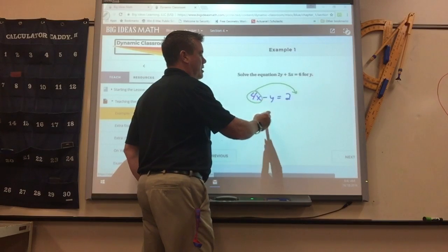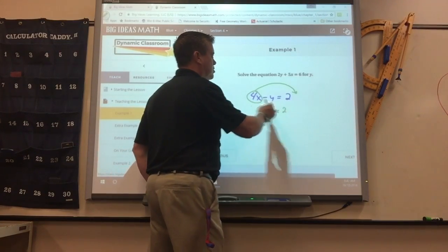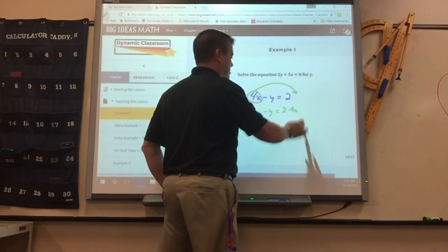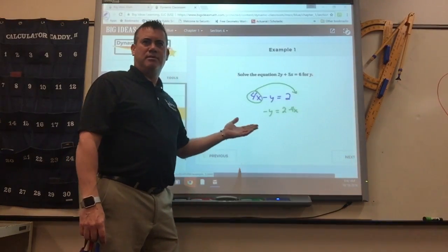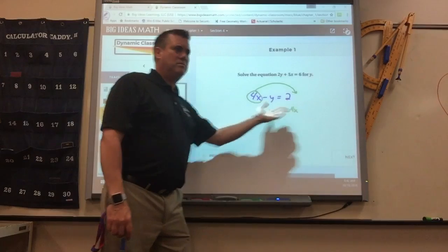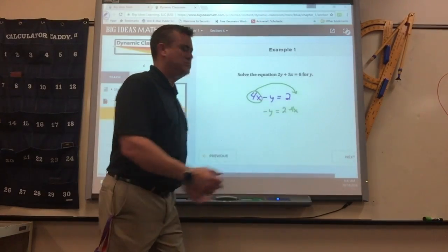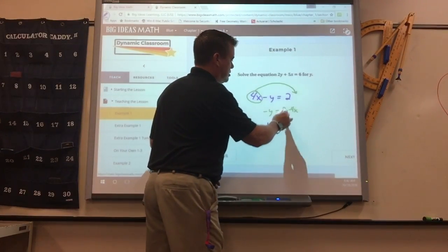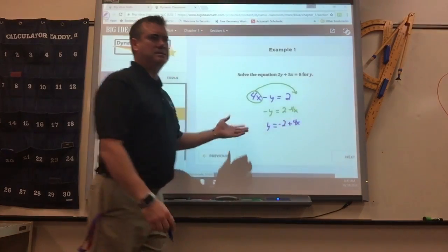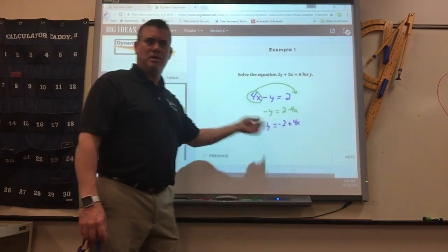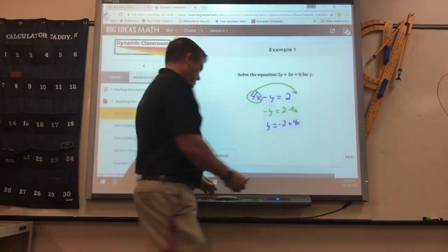But then you gotta remember that's a negative y equals 2. This changes to minus 4x. So remember, if the letter's negative, what do you do to everything? Just change all the signs, right? Change this sign, change that sign, change that sign. Because you can do anything to an equation as long as you do it to everything.